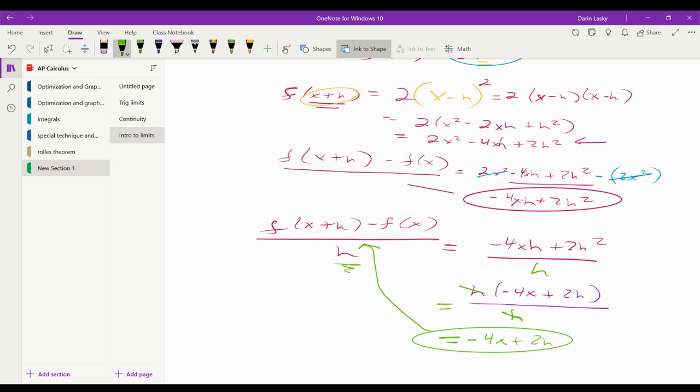You're not really worried about what the limit formula is, but we're going to do it in 3 steps. So on the worksheet, they're going to walk you through. They want you to do this as step 1, this is step 2, this is step 3, and you kind of work your way through all the pieces. And all we're going to get is just random equations on the bottom like this, where like negative 4x plus 2h.